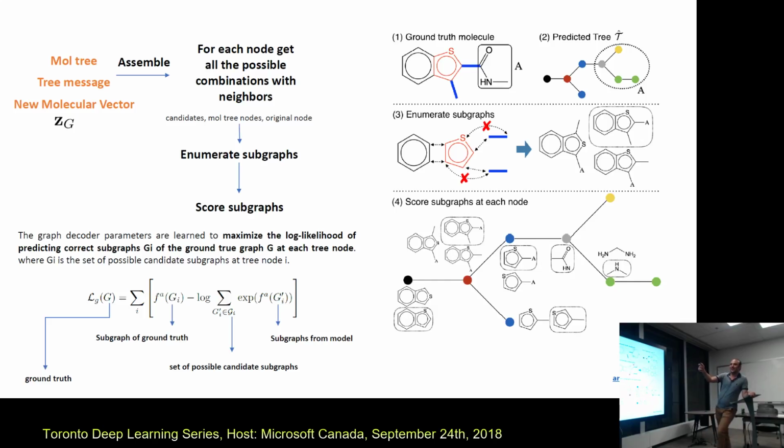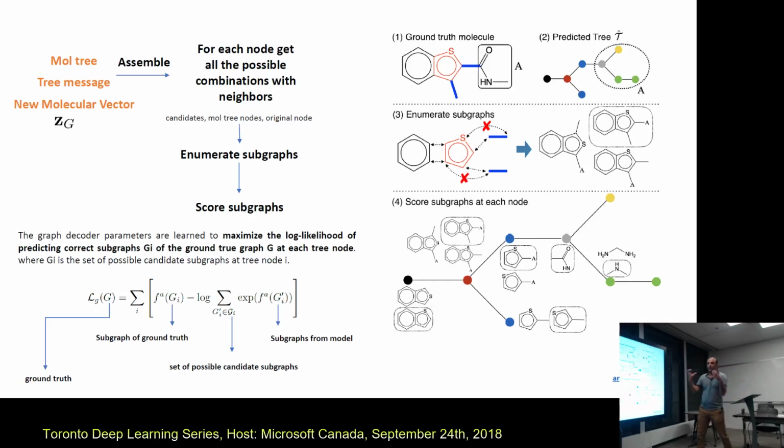Okay, how does it work? They basically feed the junction tree, the tree messages, and the latent representation for the molecular graph to the decoder. The decoder then finds all the possible nodes for that situation.